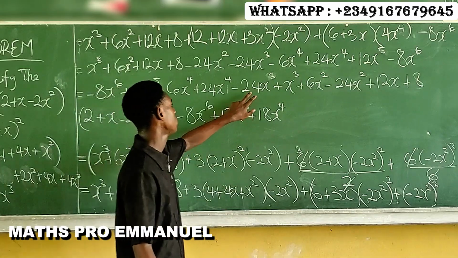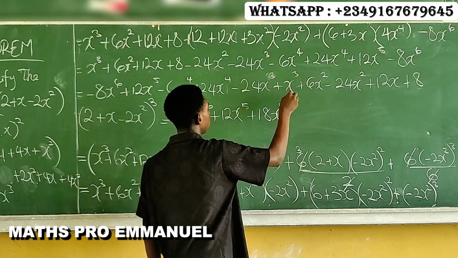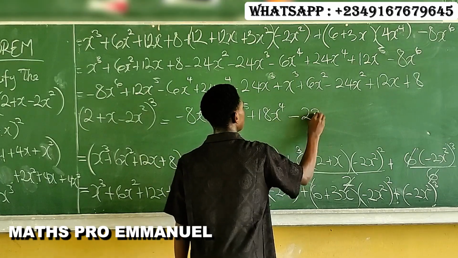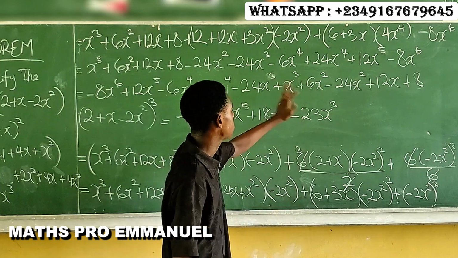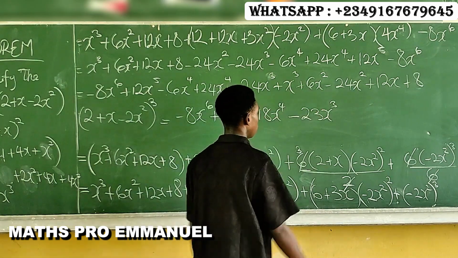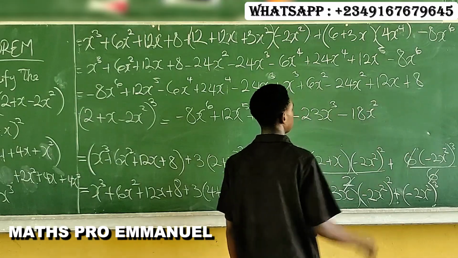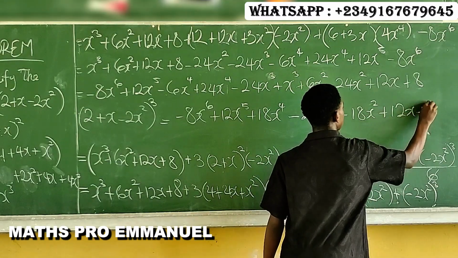Then minus 24x cubed plus x cubed, I'll have minus 23x cubed. Then 6x squared minus 24x squared, I have minus 18x squared. Then finally plus 12x plus 8.